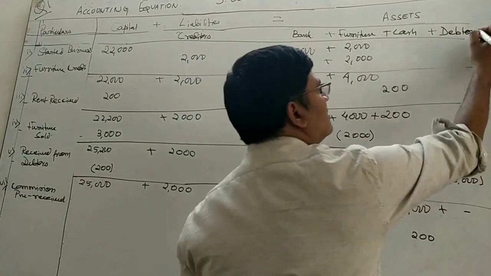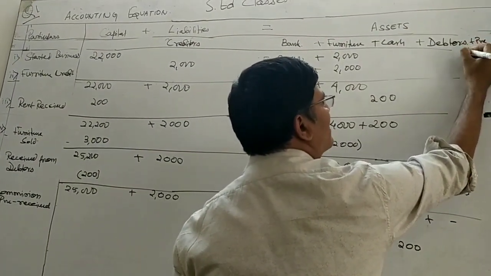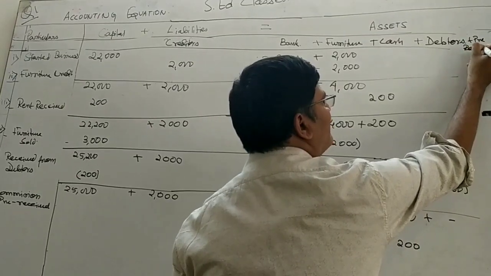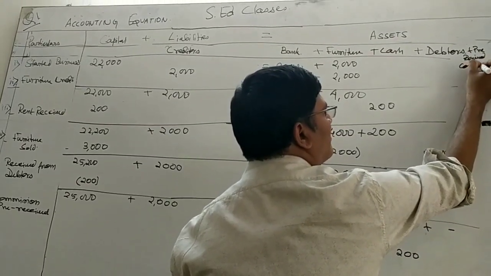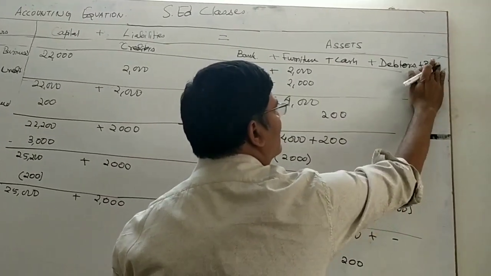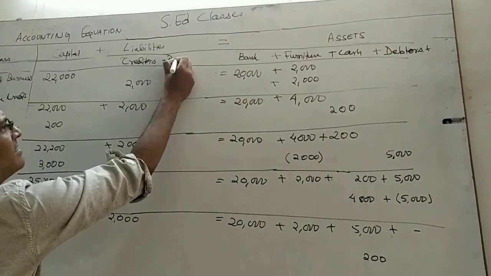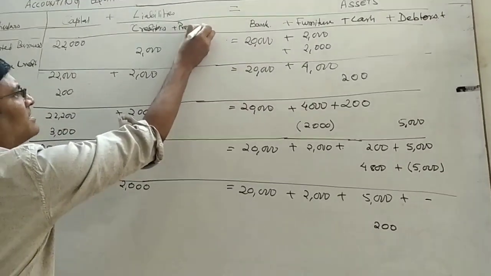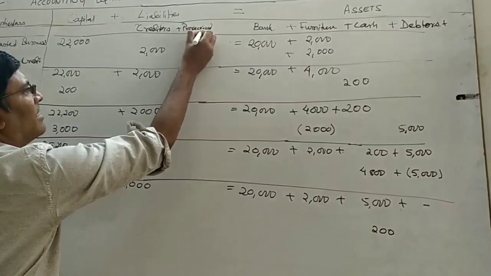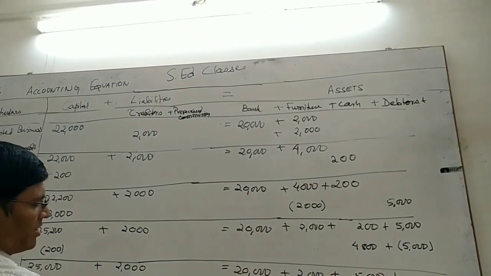Sorry, my dear students. Pre-received commission is a liability. You may have to return it back. That's why pre-received commission is coming under liability. Pre-received commission, that is 200.